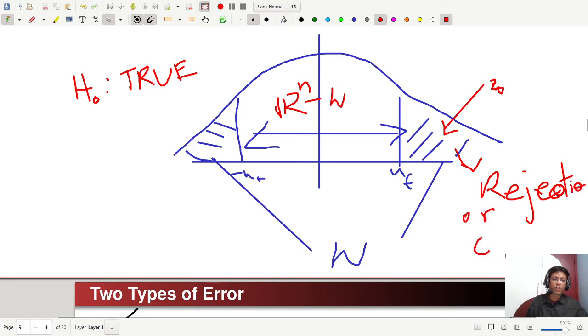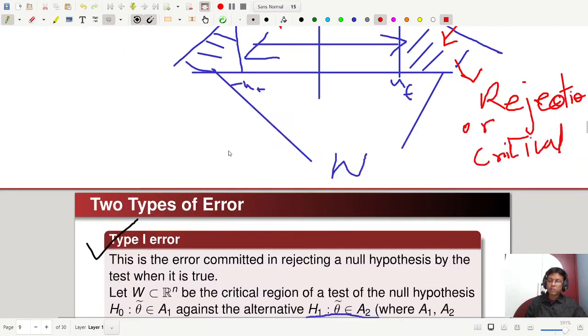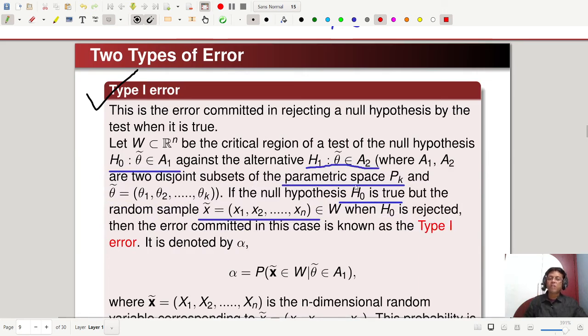This type of error is called type 1 error, because the value of the test statistic falls in the critical region but H naught is true.